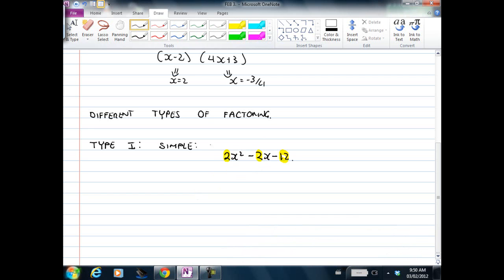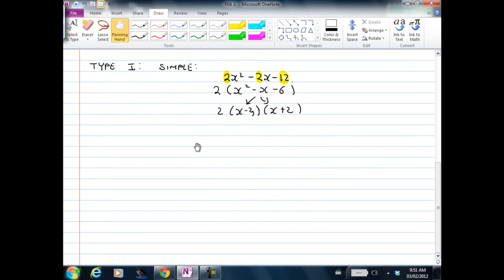So let's divide each one by 2, and you have x squared minus x minus 6. Now you can break this down into two brackets. x minus 3, x plus 2. That's it. I didn't ask you to solve, I asked you to factor. We're done. No tricks. This is called simple. And that's what your teachers taught you in grade 10.